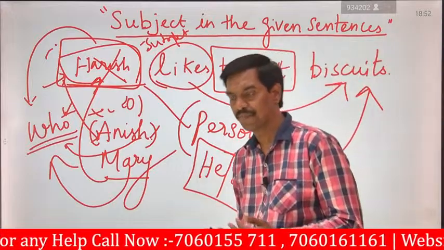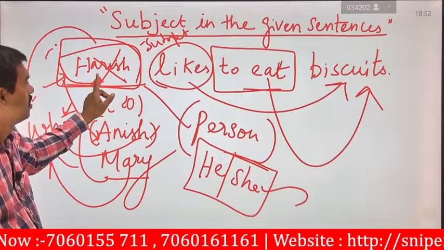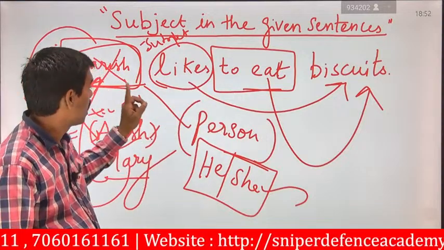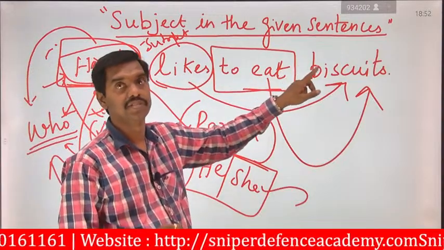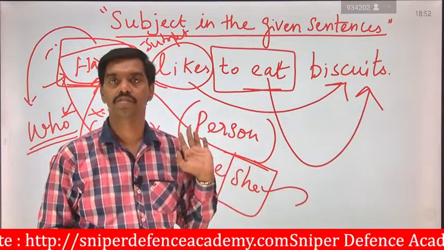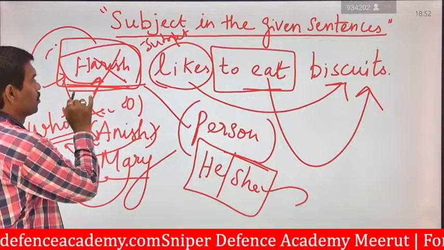This is said to be the subject. So here the subject is Harish, and the sentence is Harish likes to eat biscuits. That is the main theme of the sentence, and in this we identify the subject.